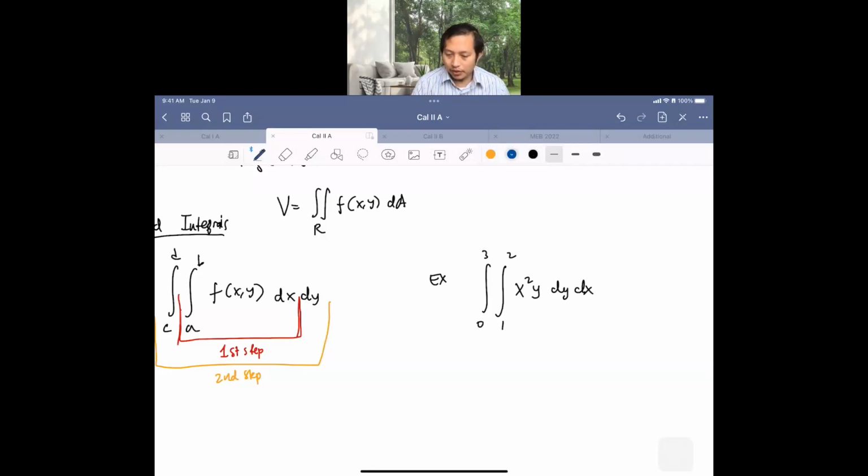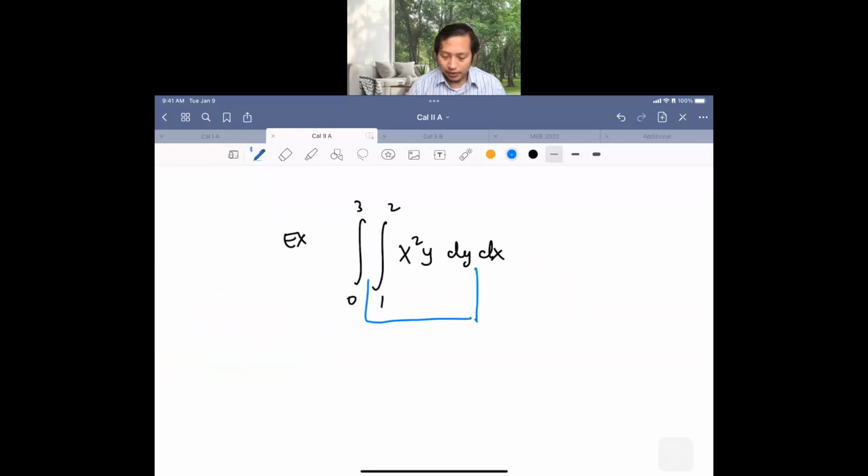The first thing we can do is take the inside and integrate. So first we take x squared as a constant and y will be our variable. This is the result. We take the numbers from 1 to 2 and still write 0, 3 and the x. We solve this first.